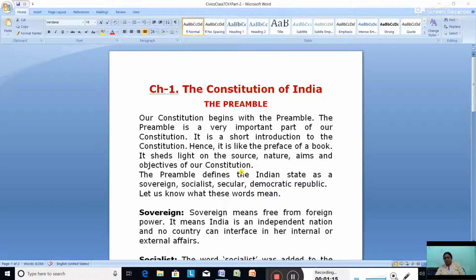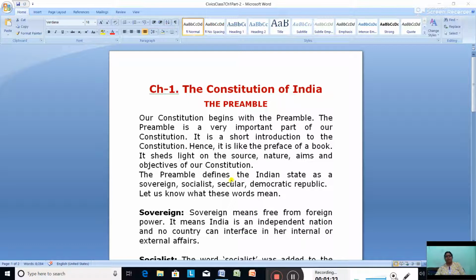Then you have to remember that the preamble is non-justiciable, which means that it cannot be enforced in a court of law.